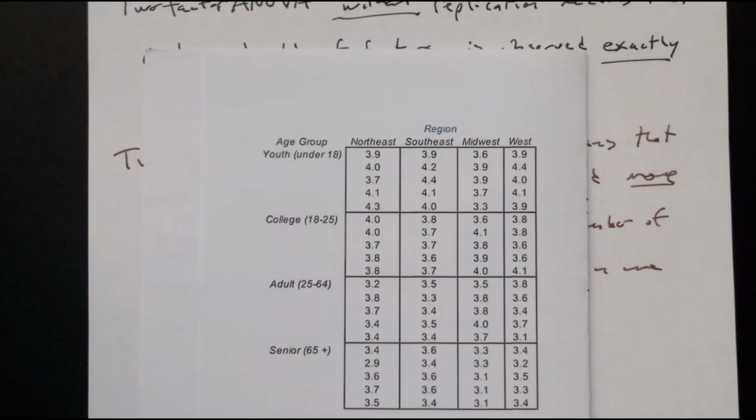Does this shampoo have a stronger market appeal to one age group or another? Does it have a stronger market appeal in one region or another? Is some combination of region and age group more likely or less likely to use or like this shampoo?